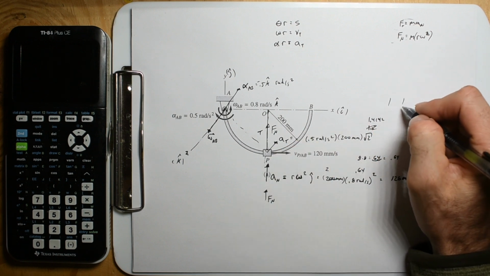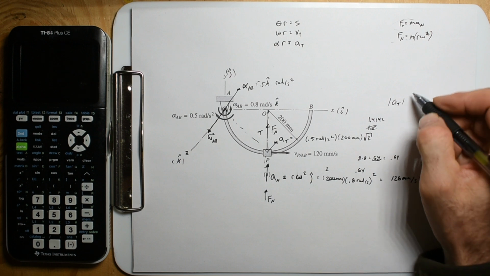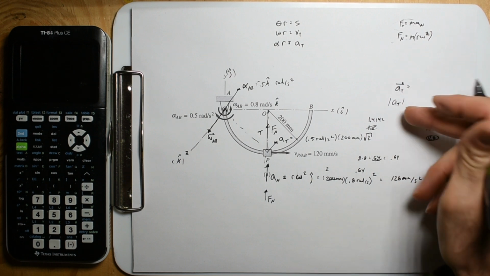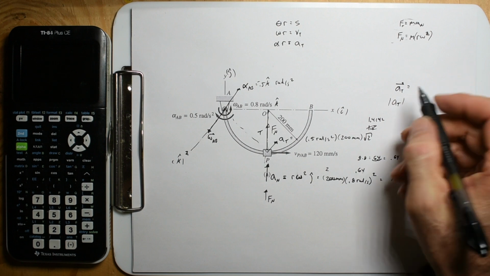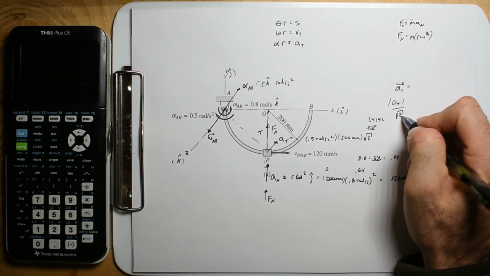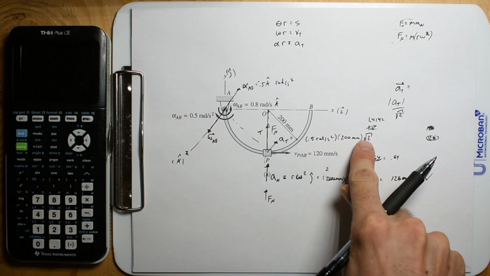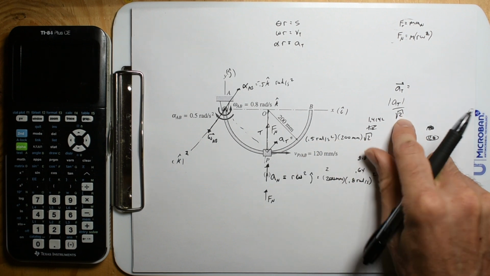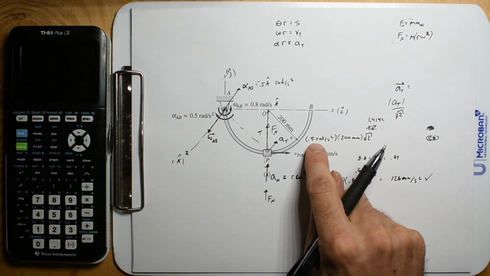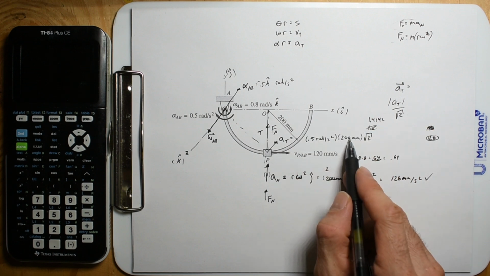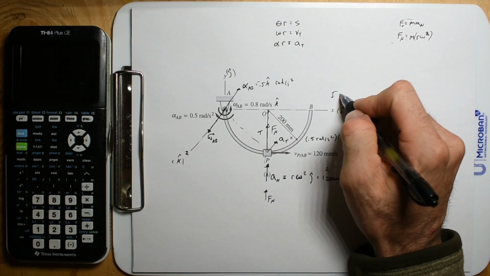That's the magnitude of that acceleration. But the actual vector is going to be that magnitude at a 45, so we're going to divide this by the square root of 2 to get the components. Instead of taking this times the square root of 2 and then dividing by the square root of 2, we just know the components are going to be this. So instead of 0.5 times 200, I'm going to do 5 times 20.